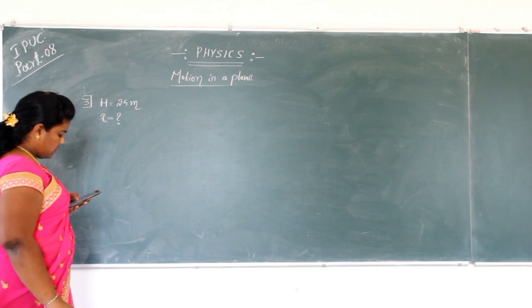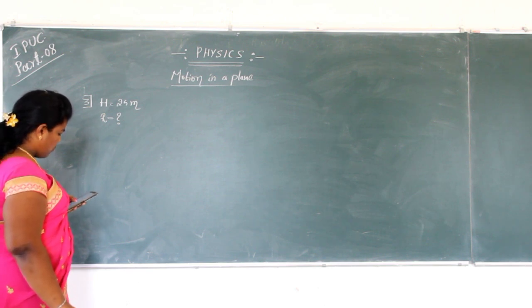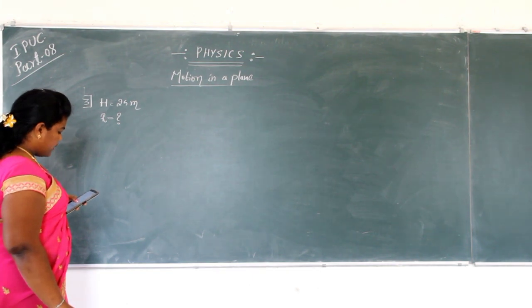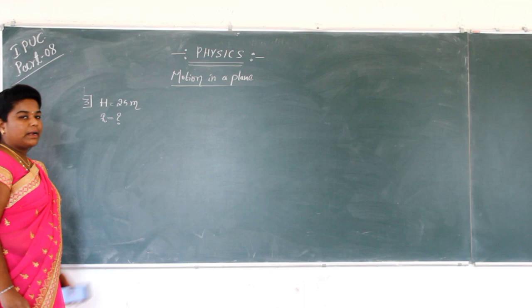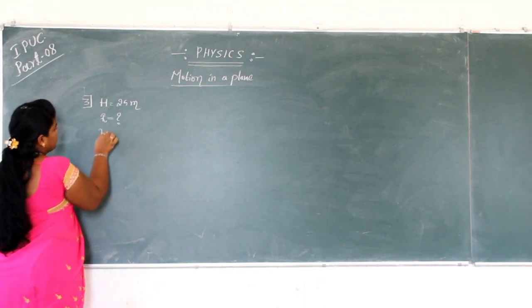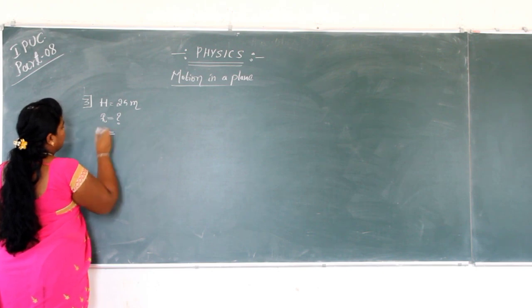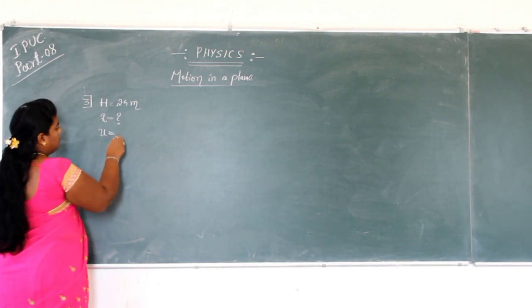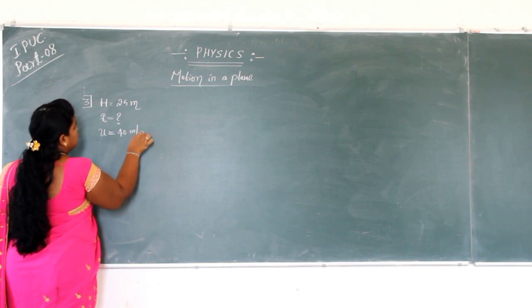Vertical distance is the maximum height. The next part: the ball is thrown with a speed of 40 meter per second. That is the initial velocity, or the velocity of projection, which is equal to 40 meter per second.